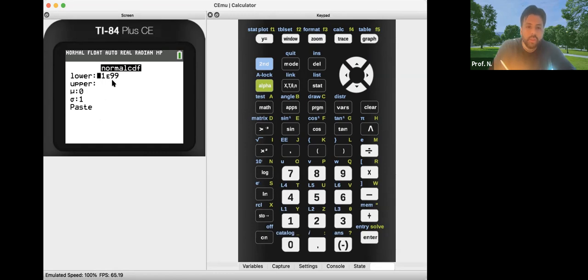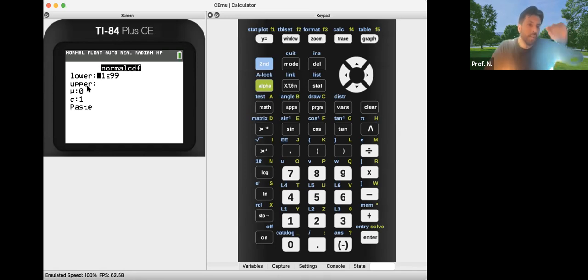Okay, so I'm trying to figure out what is the area underneath the standard normal random variable curve to the left of 1. So what's nice about this is the calculator gives us parameters that we have to fill out. The lower is referring to what is the lower bound, right?